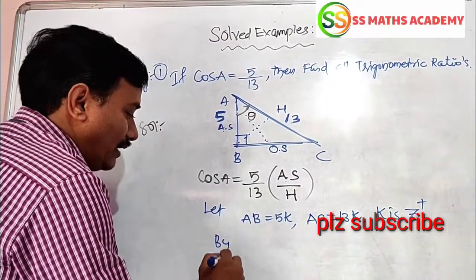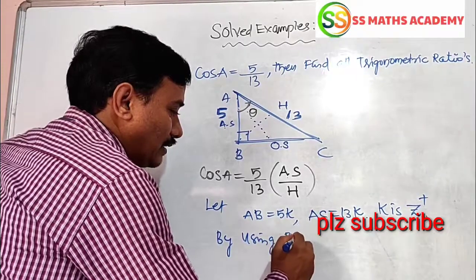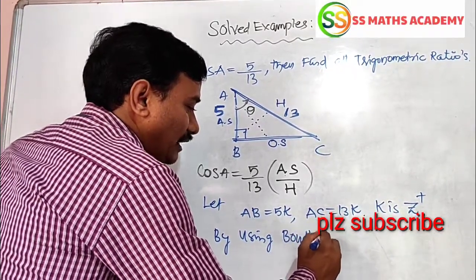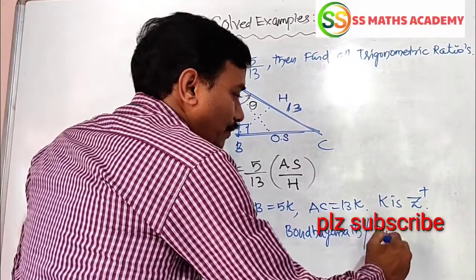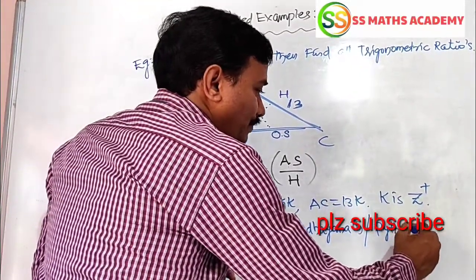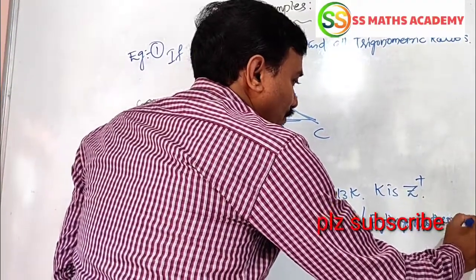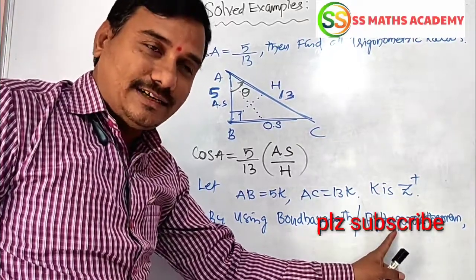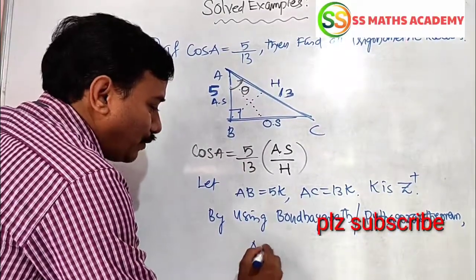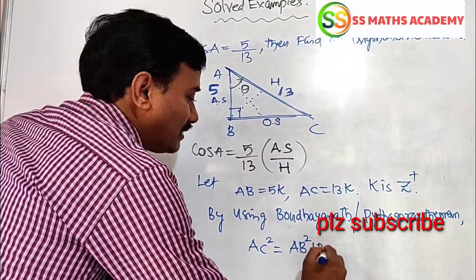Now, by using the Baudhayana theorem or Pythagoras theorem, the square of the hypotenuse is equal to the sum of the squares of the other two sides.